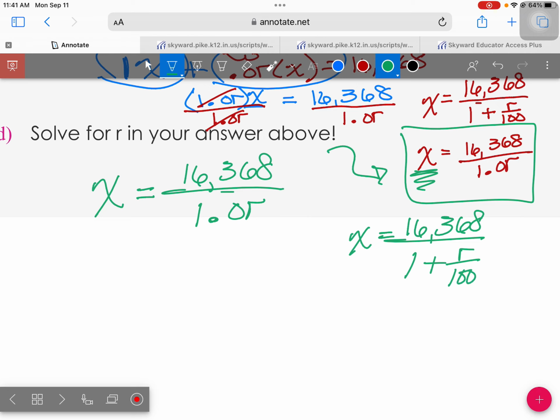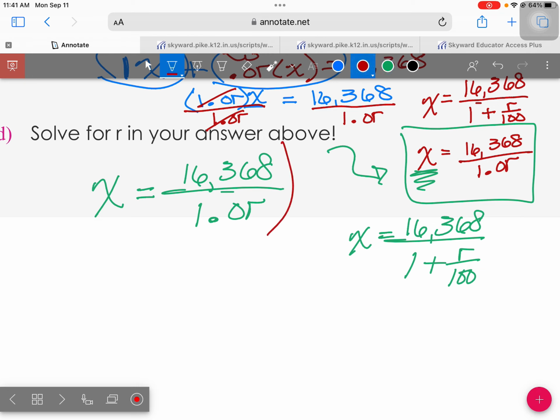But we want to solve for r. Right now, r is in what part of the fraction? The denominator. We do not want r in the denominator. We need to get it out of there. So what would you do first to get it out? Yeah, multiply by that denominator.